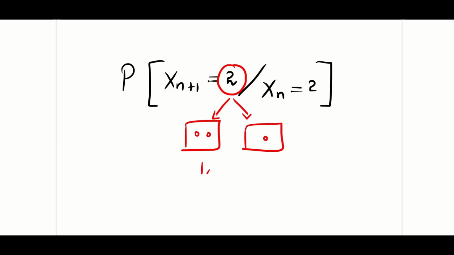So probability of getting 2 is 1 by 6. Probability of getting 1 is also 1 by 6. And nothing is common between them because they are mutually exclusive. So probability that on the n plus 1 trial the maximum number is 2, provided up to n trials the maximum number is 2, is 1 by 6 plus 1 by 6.